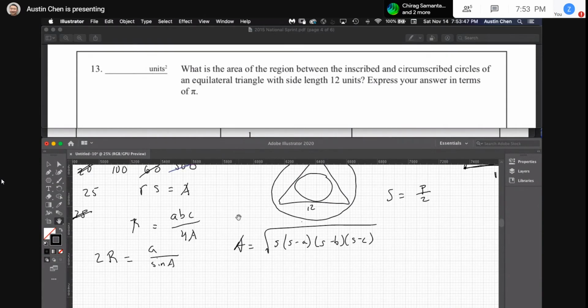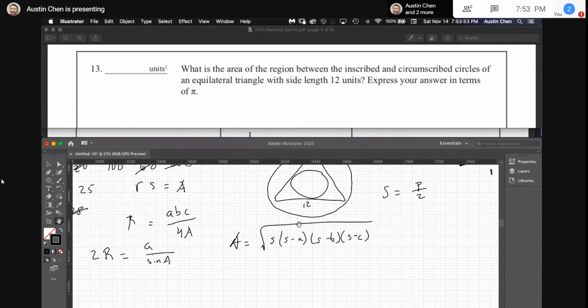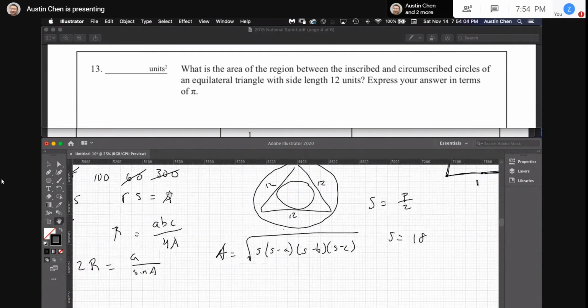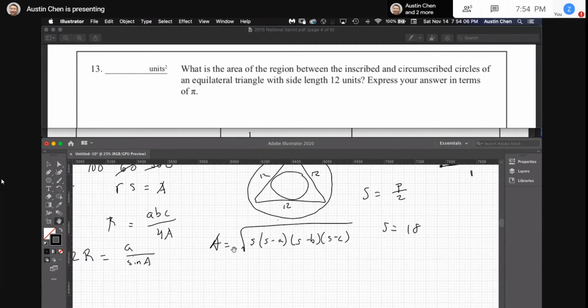All right. So we can apply this to this question. We see that our sides are 12, 12, and 12, which means that our semiperimeter is going to be 36 over 2, or just 18. So then we can put it into all of our formulas. Let's find the area first.